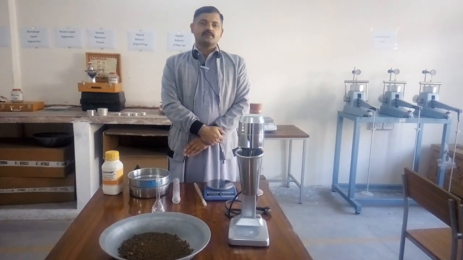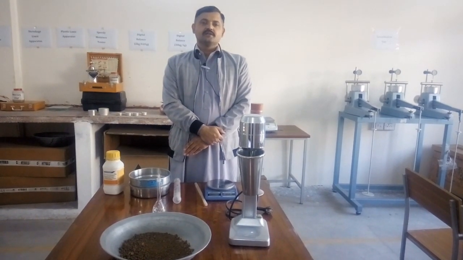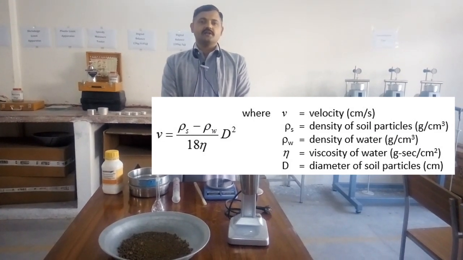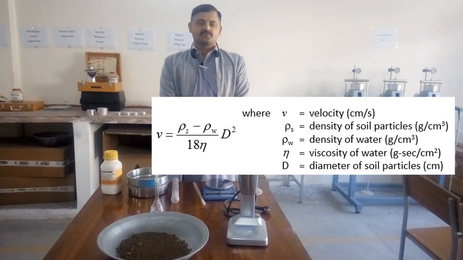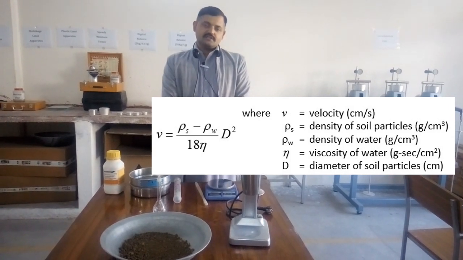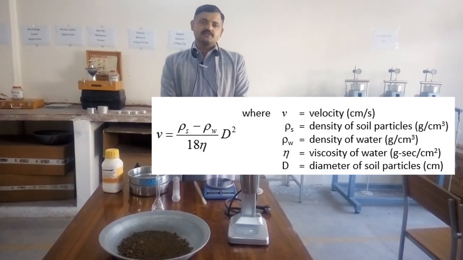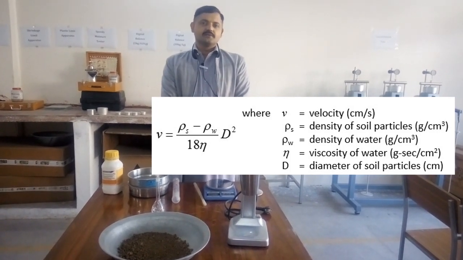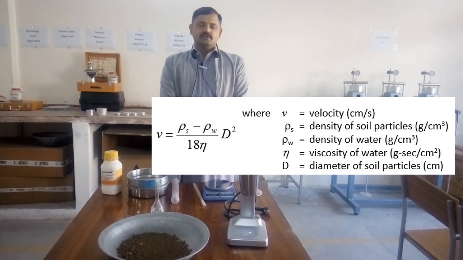The equation of terminal velocity he gave us is Vt equals (rho s minus rho w) divided by 18 eta, into d squared, where rho s is the density of soil, rho w is the density of water, eta is the viscosity of water, and d is the diameter of the soil particles.